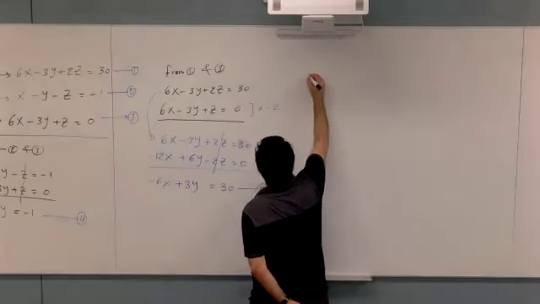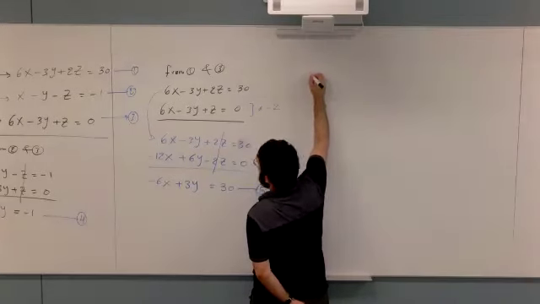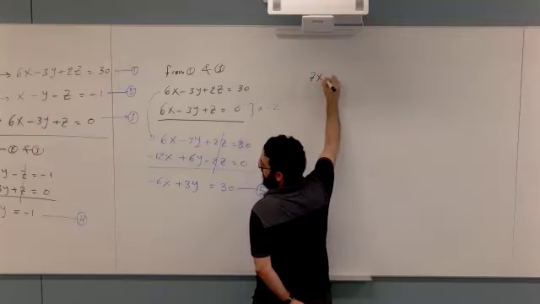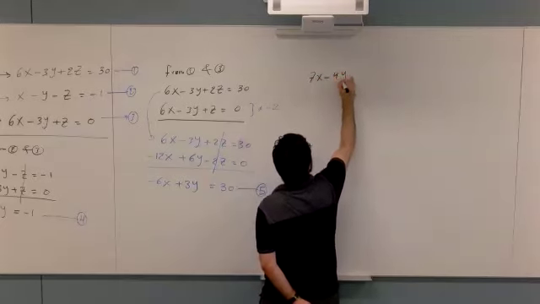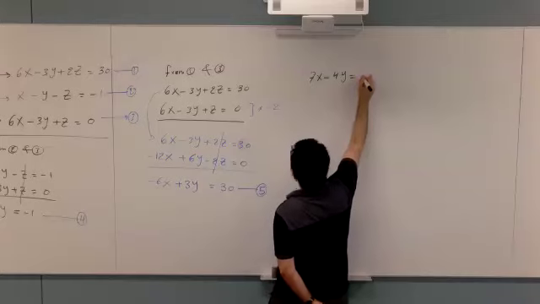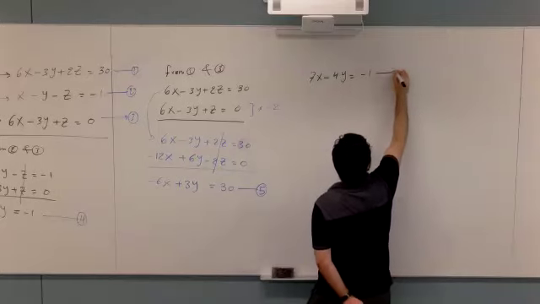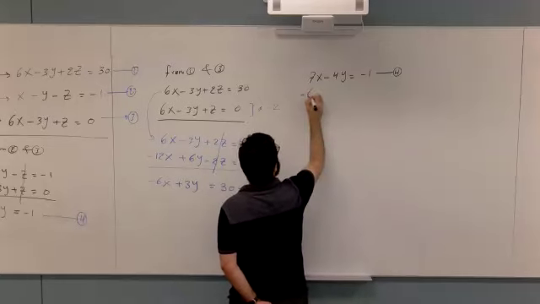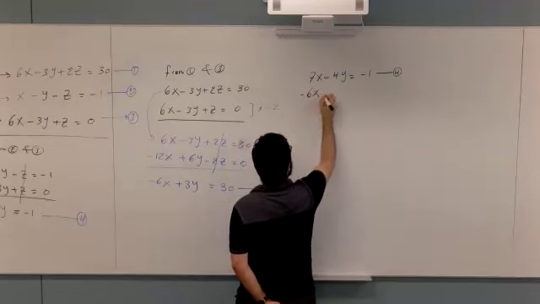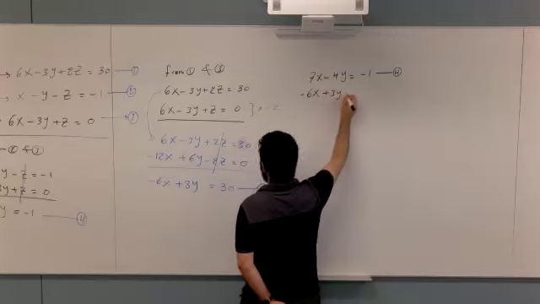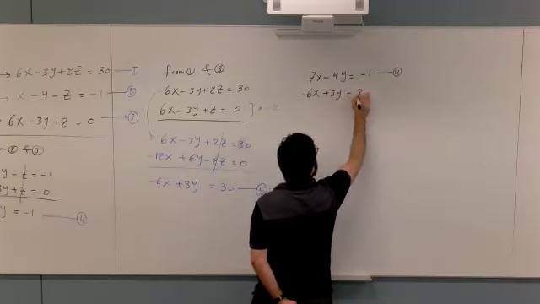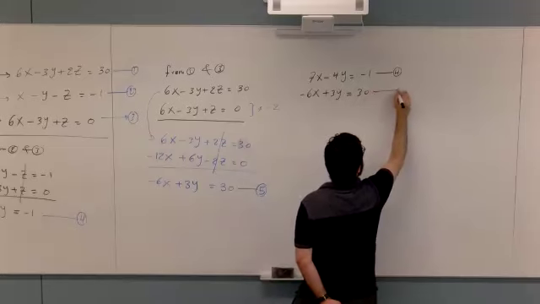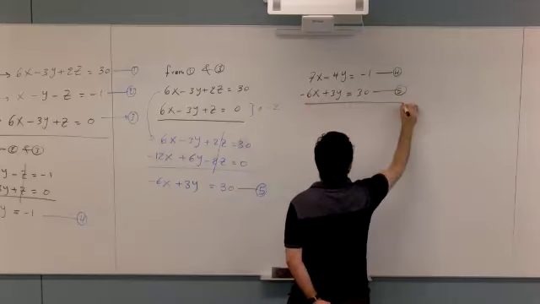Number 4, I have what? 7x minus 4y equal -1. This is equation number 4. Number 5, I have negative 6x plus 3y equal 30. This is number 5. So here is the new system.